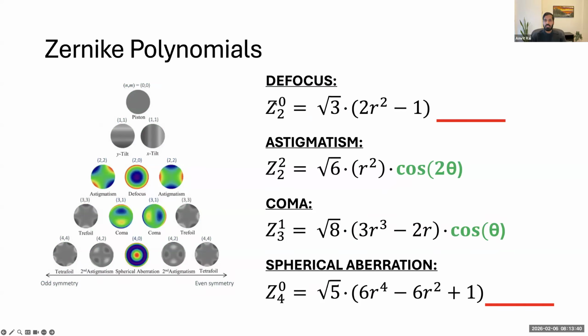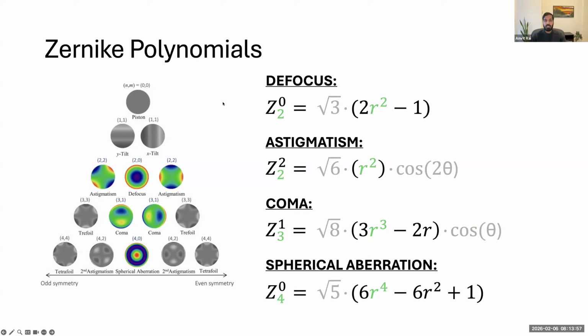The first thing you may notice is that the modes that are rotationally symmetric, defocus and spherical aberration, don't have a trigonometric component because they are the same value regardless of the angle. Astigmatism and coma values change depending on the angle of interest. But for today's purpose, we only need to look at this actual polynomial portion of the equation, the portion that's inside the brackets. We can gray out the rest of the equation.